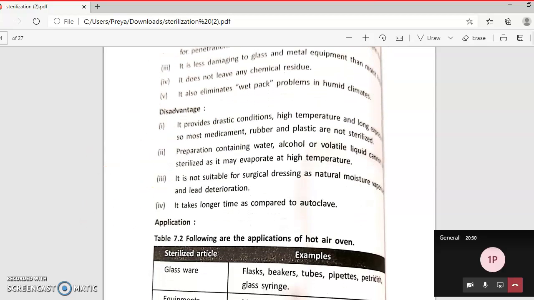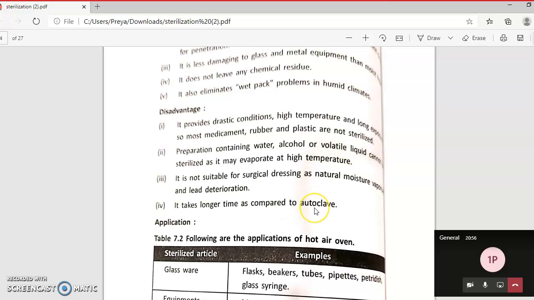Now, the disadvantage: it provides drastic conditions, high temperature and long exposure, so rubbers and plastics cannot be sterilized. Very important, right? This can come in the comment: rubber and plastic cannot be sterilized by hot air oven, so yes or no? Then you have to justify. Second, preparations containing water, alcohol, or volatile liquids cannot be sterilized.